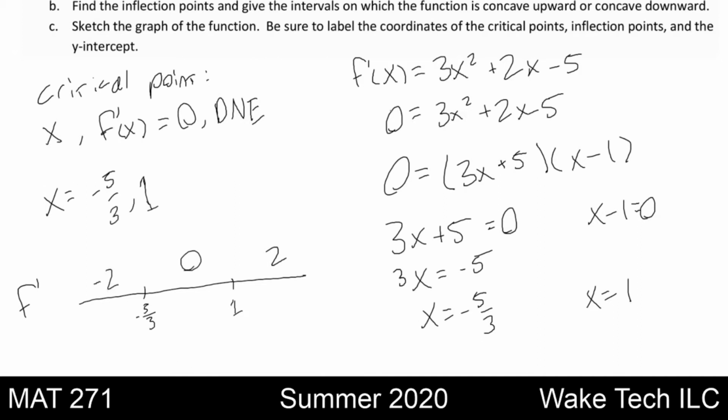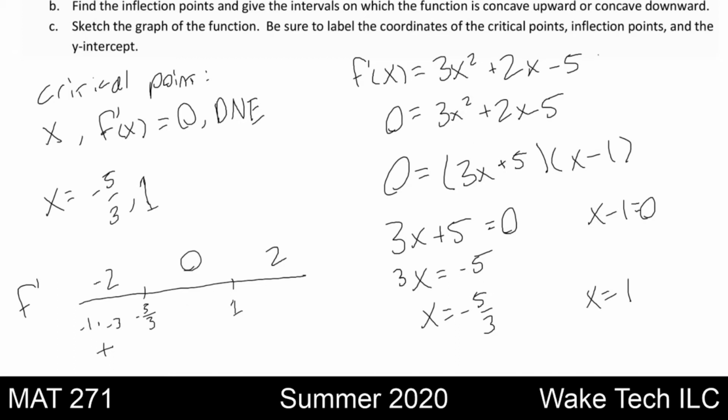When I plug that into my f prime of x, I can plug into either the factored version or the unfactored version, and I'll use the factored version personally. So negative 2 times 3 is negative 6, plus 5 is negative 1. Negative 1 times negative 2 minus 1, which is negative 3. So it's a negative times a negative, which is a positive. Note that we only care about the sign here.